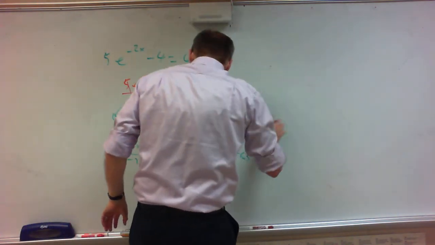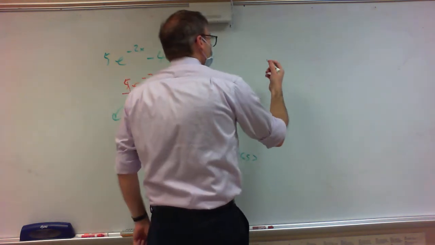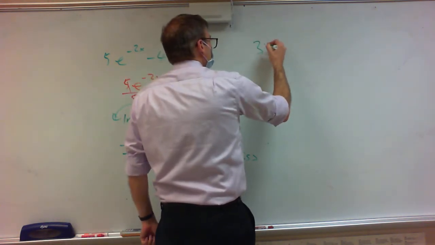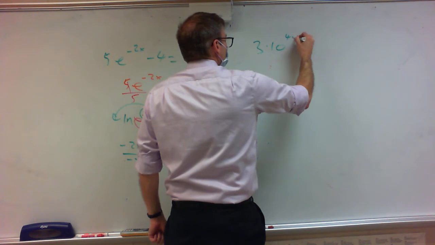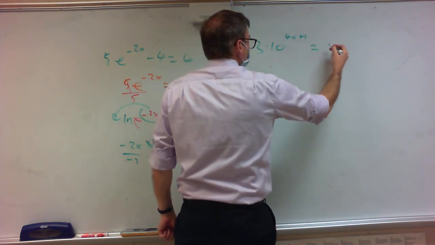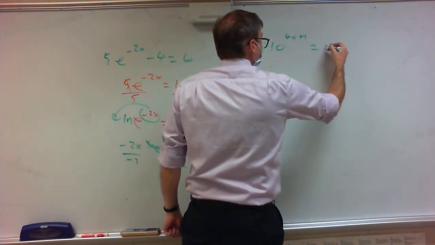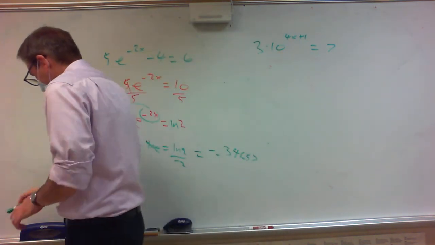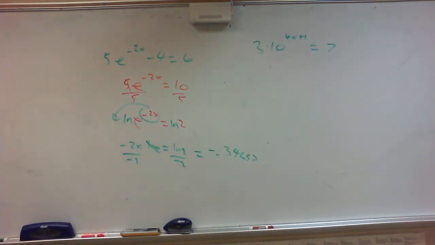Well, what if I changed it? What if I gave you 3 times 10 to the 4x plus 1 is equal to 7? How would you solve this?